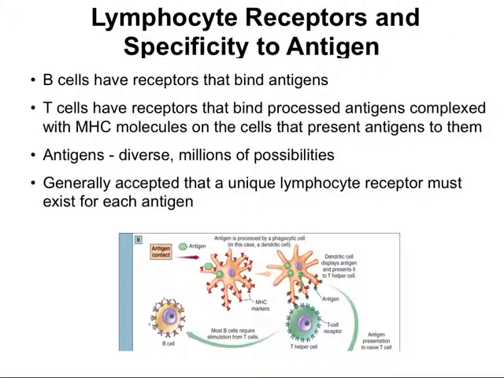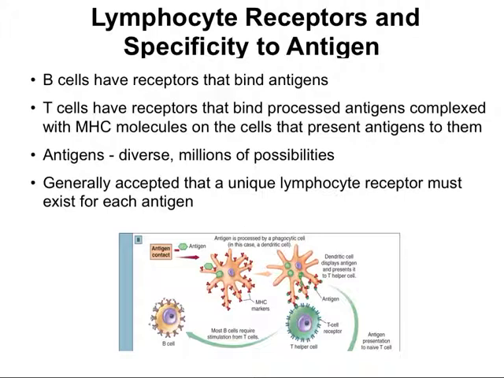So both B cells and T cells have receptors on them that bind to antigens. The B cells have receptors that bind antigens directly, whereas the T cells have receptors that bind processed antigens that have been complexed with MHC molecules. So check this out.